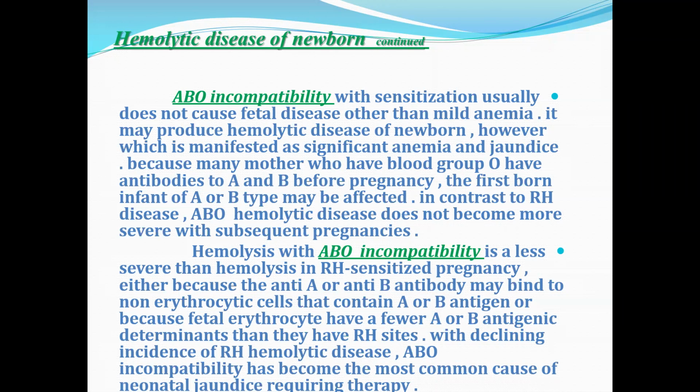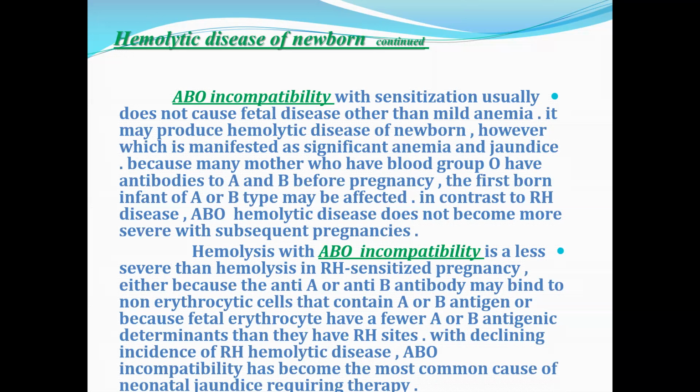So if we have a mother with group O and the fetus group A, group B, or group AB, all of these, of course, are considered ABO incompatibility. In ABO incompatibility, the firstborn is affected and the next pregnancies tend to be less severe.